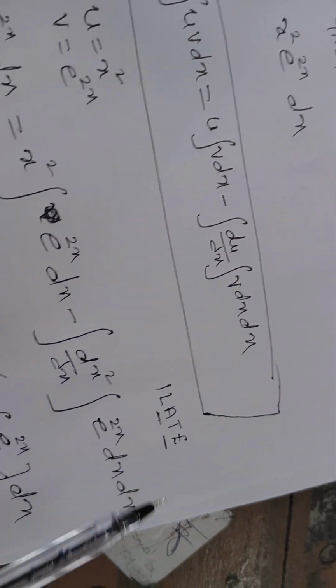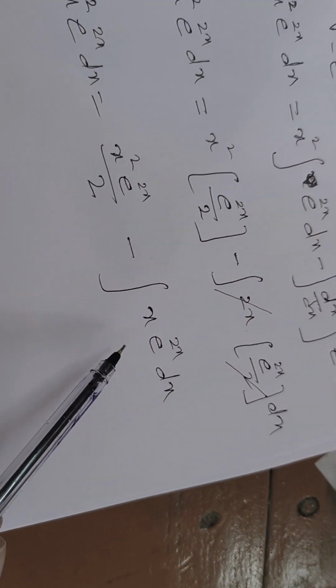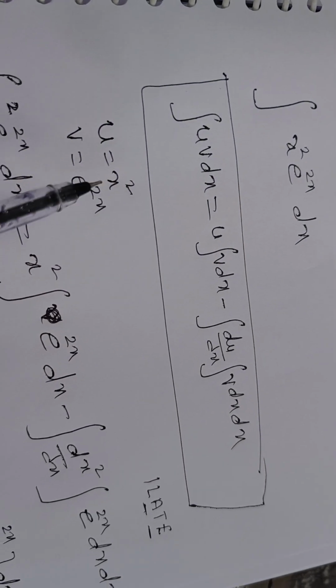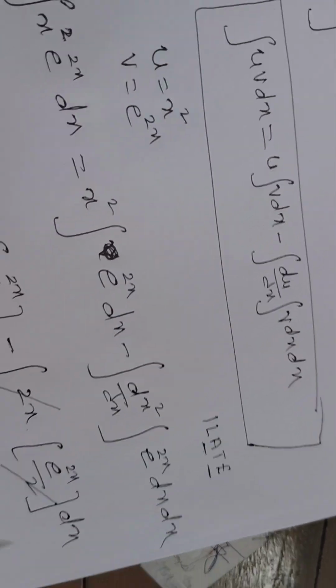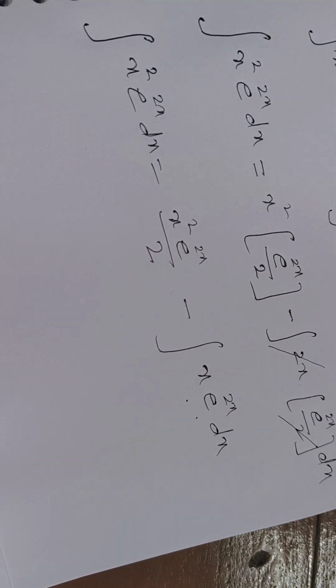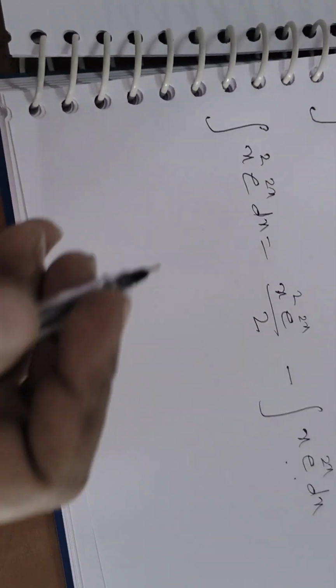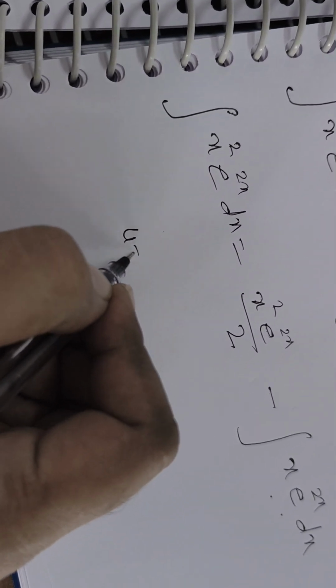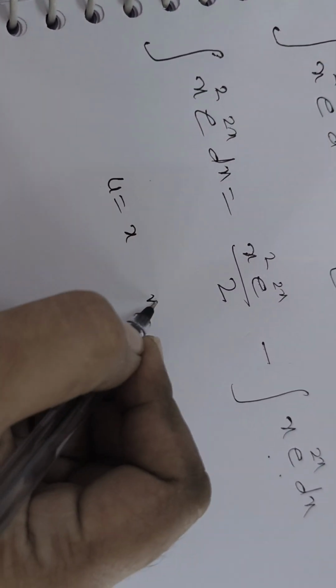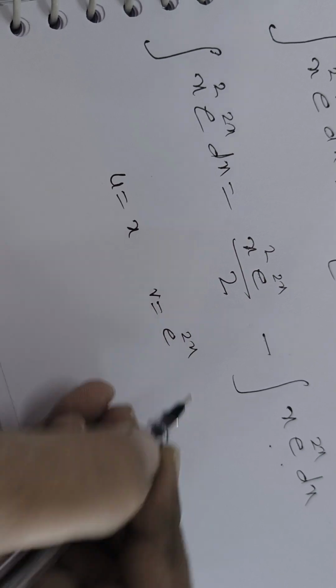Now again we have to apply the same formula. When we compare x and e to the power of 2x with u and v, the algebraic function comes first. So x is our u value and e to the power of 2x is the v value. So we write u is equal to x, v is equal to e to the power of 2x.